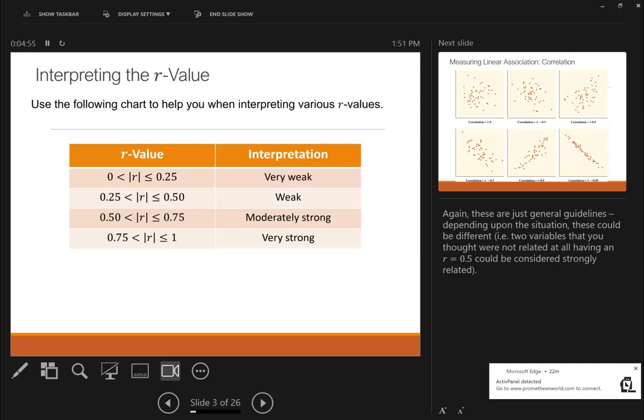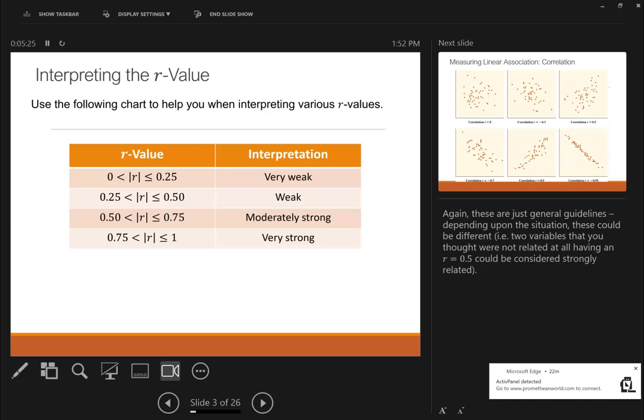Now note these are absolute value relationships, so the same thing applies to 0 to -0.25. I should say -0.25 to 0, or the same thing from -0.5 to -0.25, etc. So if it was like 0.5, would it be weak or moderately strong? Well, where is the inequality? It would be weak, right?